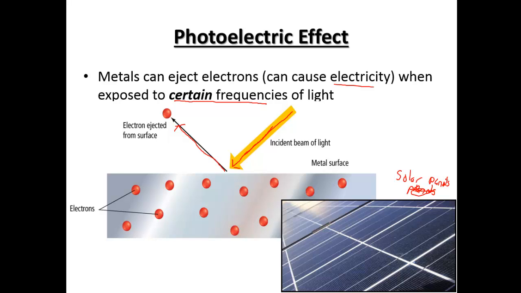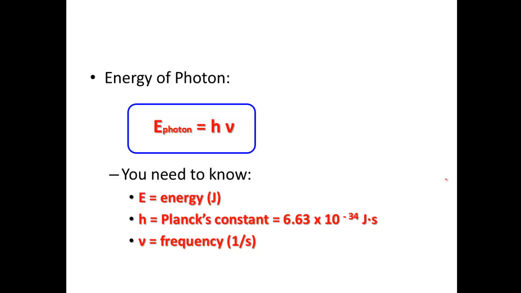Now, what we're going to look into is the energy of a photon. A lot of times we're just going to call it energy, but the energy of the photon is going to be equal to h, which is Planck's constant, times the frequency of that wave coming in. So frequency is directly proportional to energy.